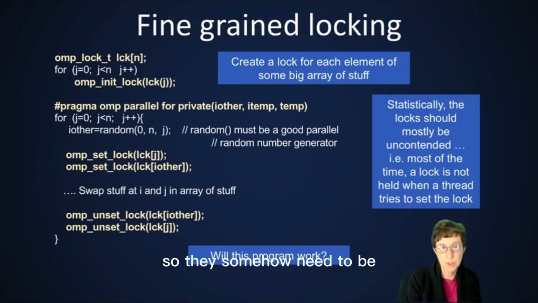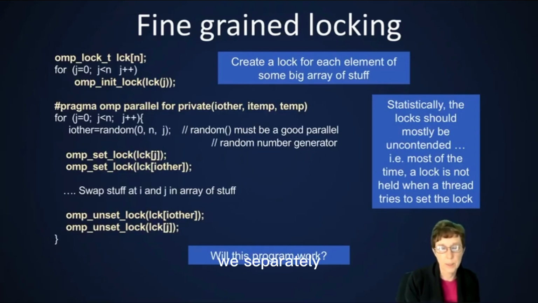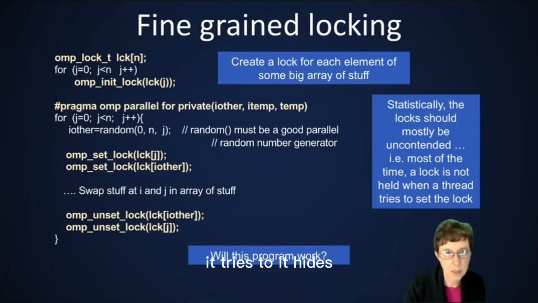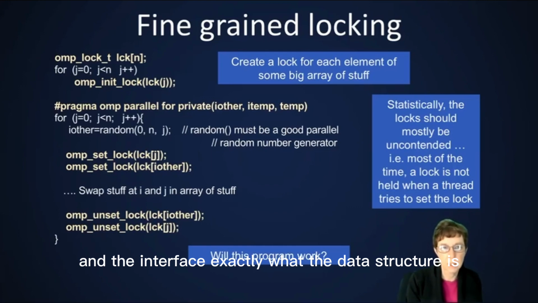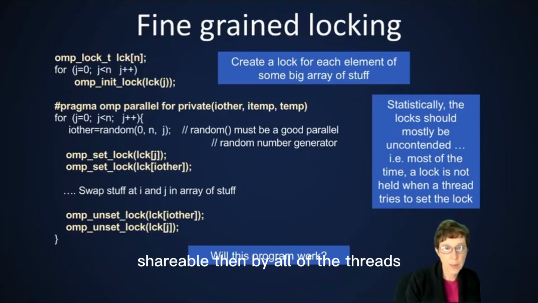They need to be sitting in the shared part of the address space, in the heap region, not sitting on the stack. So we can declare the array of types, which are really pointers, or you can think of them as pointers. It hides in the interface exactly what the data structure is, but then you initialize the locks, and they are shareable by all of the threads.